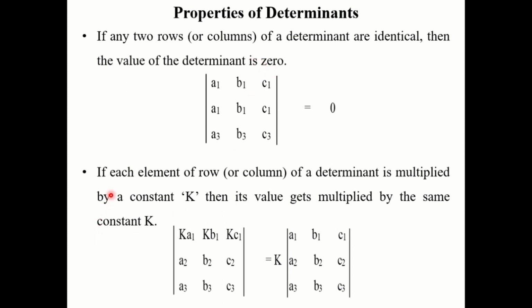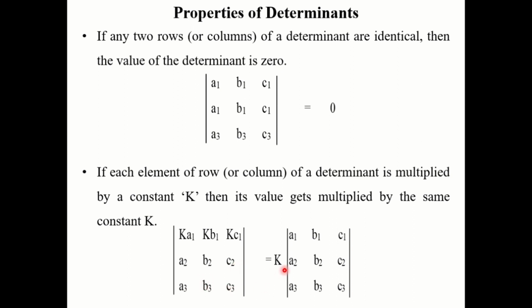Fourth property: if each element of a row or column of a determinant is multiplied by a constant k, then its value gets multiplied by the same constant k. You can see here k is a constant: ka1, kb1, kc1, A2, B2, C2, A3, B3, C3.